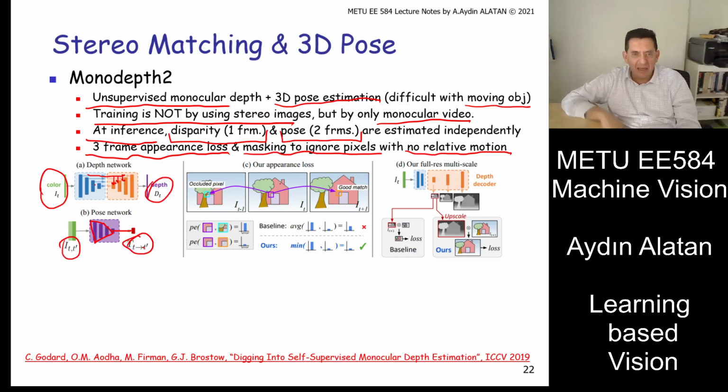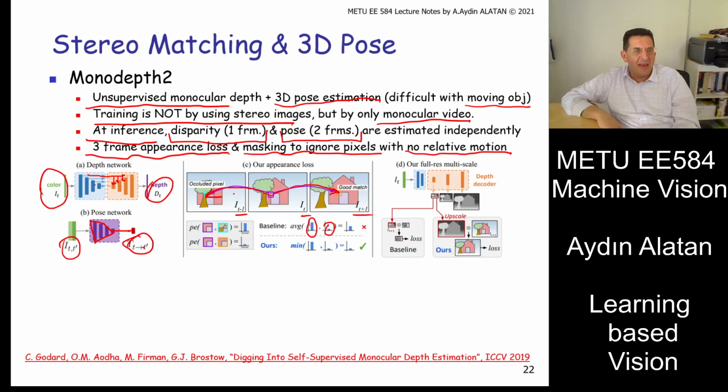Now I have dense depth, I have transformation. Now I have three frames, t minus 1, t, t plus 1. As you can see, we are moving. For example, there is an occluded pixel. That occluded pixel cannot match to here, but it could have a good match with respect to the other one. Therefore, what the algorithm is trying to do is not average the error.